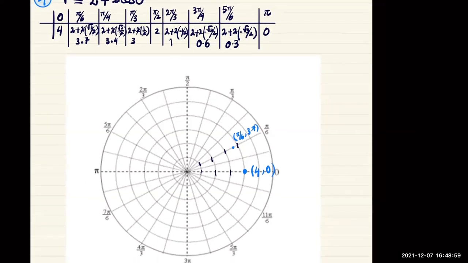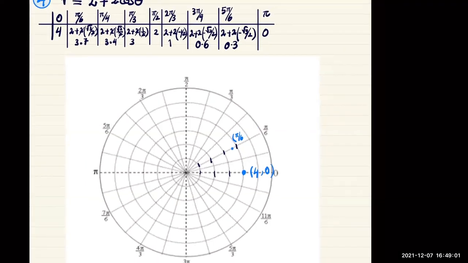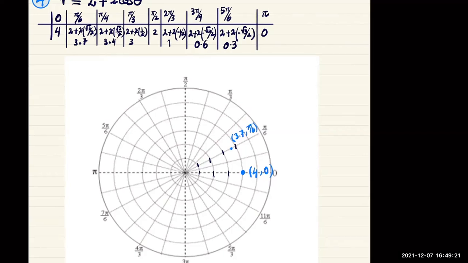So 3.7, pi over 6. I got that backwards on the board. It's first r and then theta. Next point: when theta is pi over 4, we get 3.4. So this is the pi over 4 angle. You go 1, 2, 3.4 is right around here.